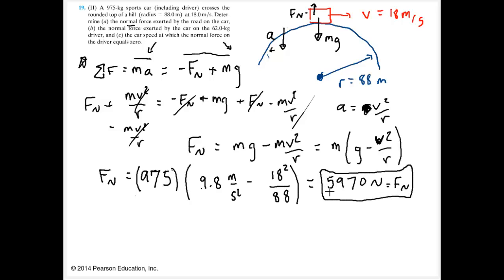from the road. You can convince yourself that this same exact setup applies to the person. The free body diagram looks exactly the same, and all of this math looks exactly the same. The only difference for part B is that the mass is going to be different.